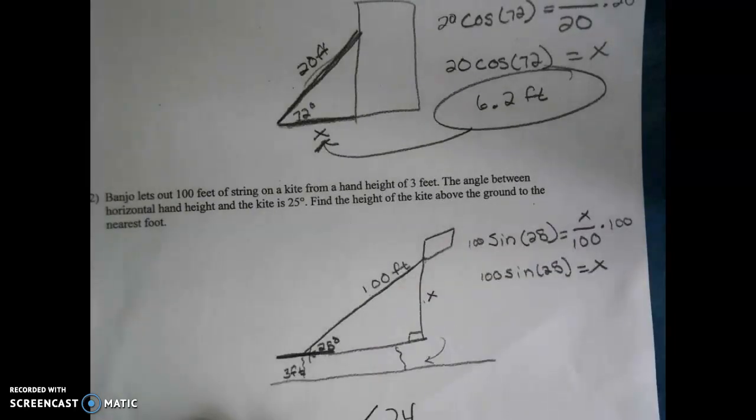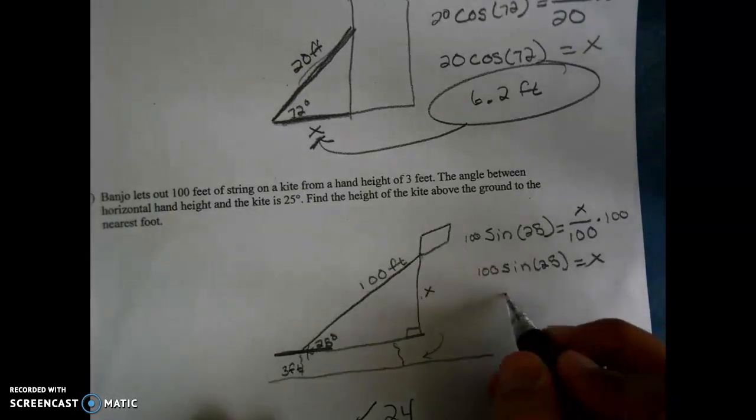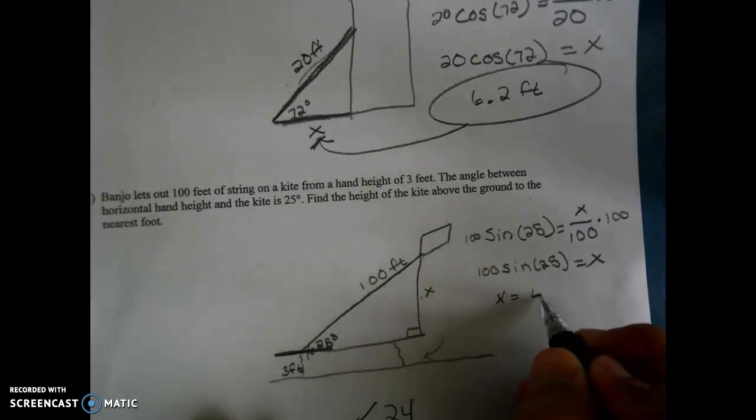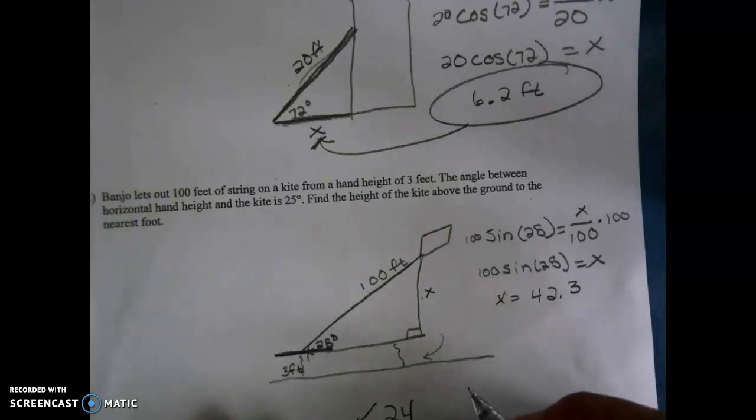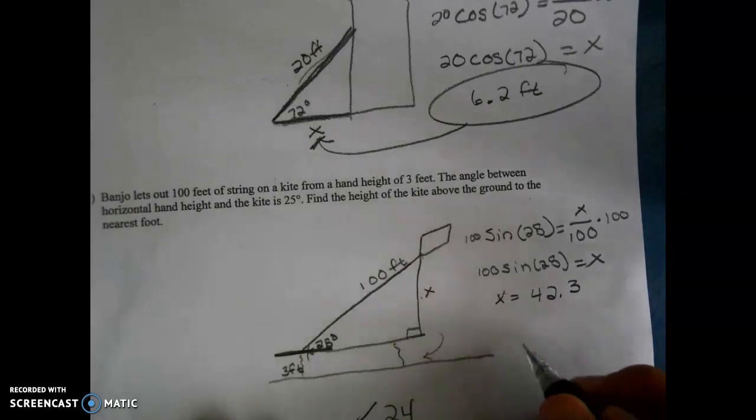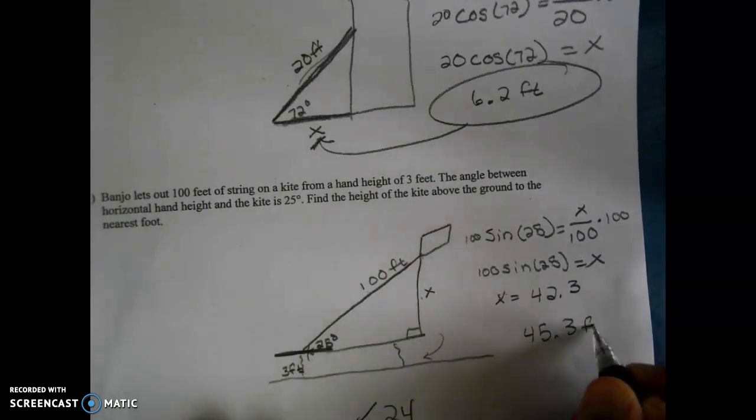Plug that into our calculators. Okay, we get x is equal to 42.3. Then we're going to add 3 feet to that to find the total distance. So we get 45.3 feet from the ground.